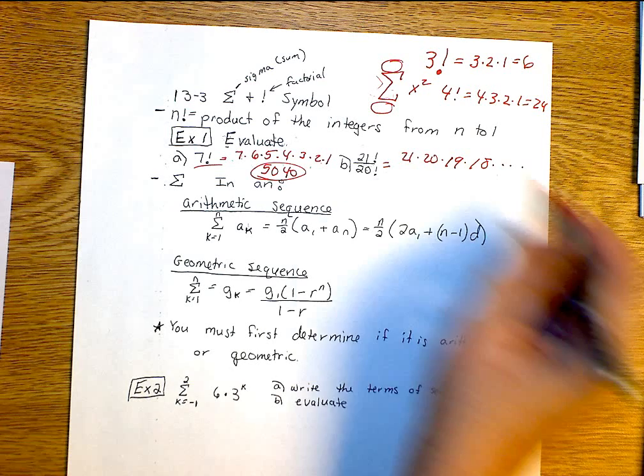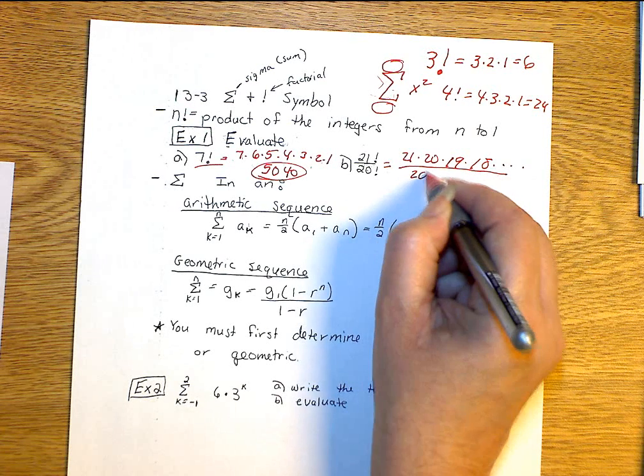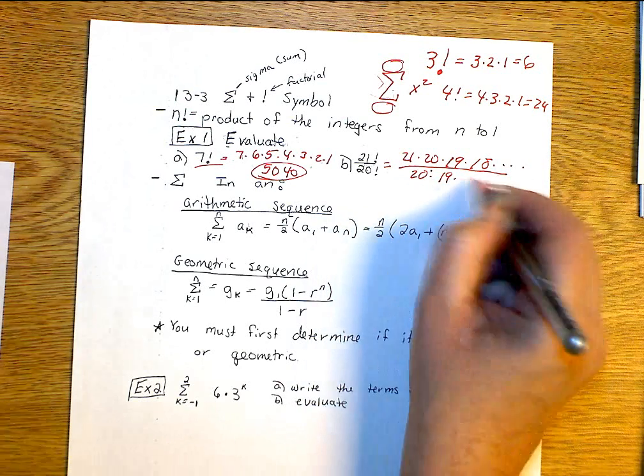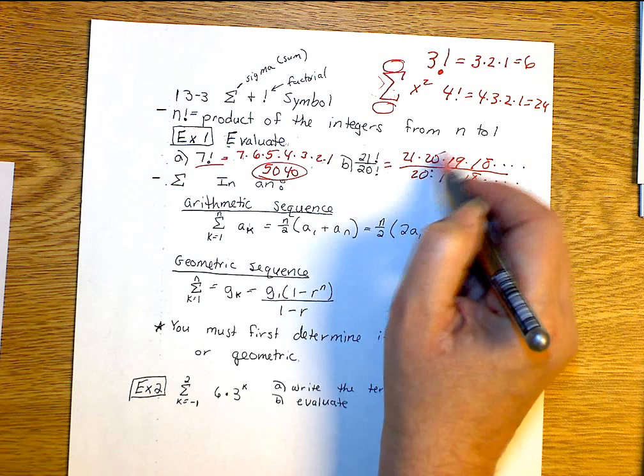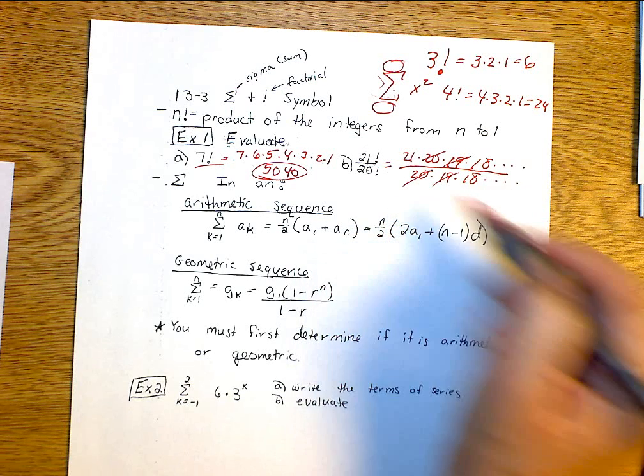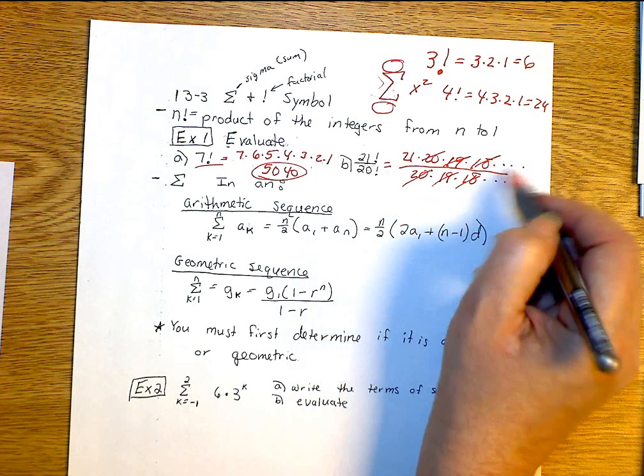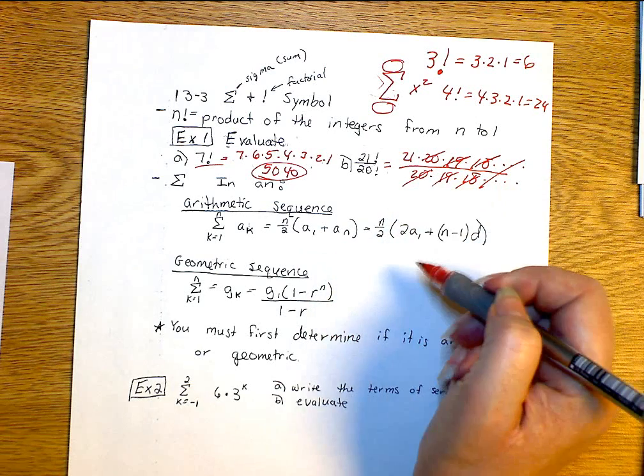On the bottom, we have 20 times 19 times 18 times and so on. What happens is 20 cancels out with 20, 19 cancels out with 19, 18, and so forth. So all these numbers cancel out, and our answer is 21.